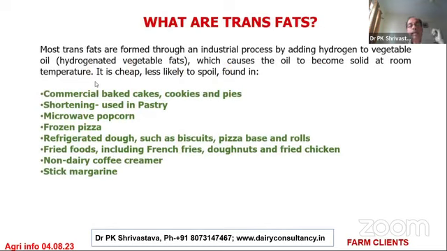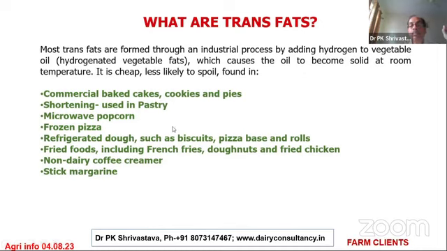What is the trans fat? I will not go into detail, but it is a hydrogenated form of vegetable oil. And see where it is found. We are not talking about this. Indians are very wise people. They talk about something which is less spoiling. They don't talk about something which is more spoiling.